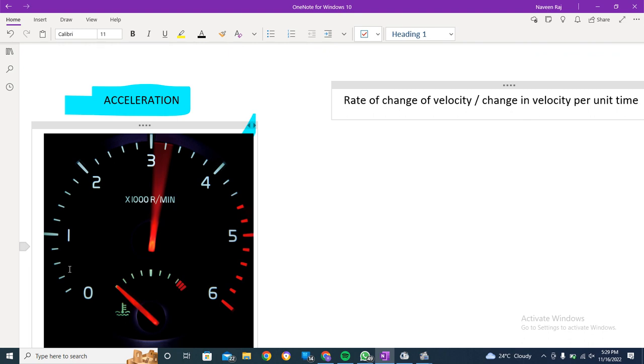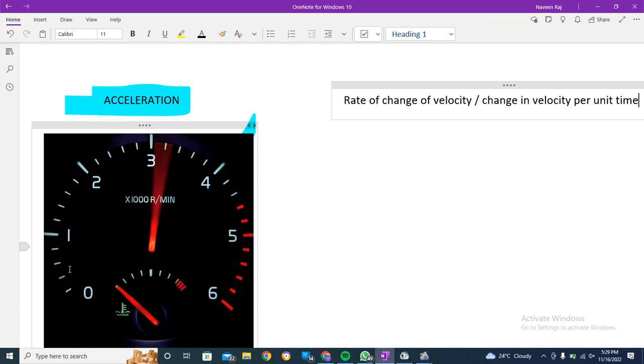Acceleration is a change in the velocity, decreasing or increasing per unit of time, and that helps us calculate the movement, how fast we cover distance. In our cars we do not have velocity meters, we have acceleration meters, which show us the change in the velocity, right?